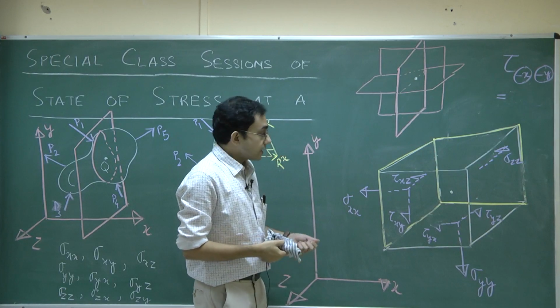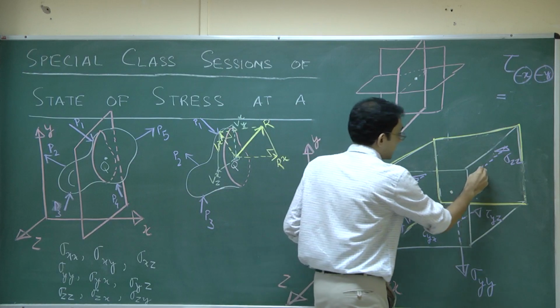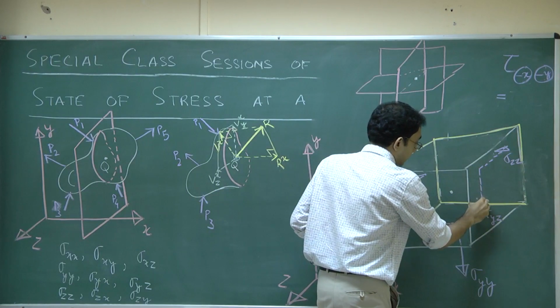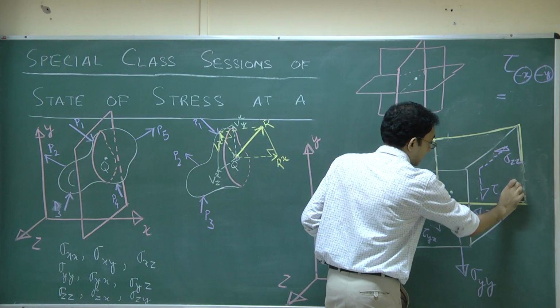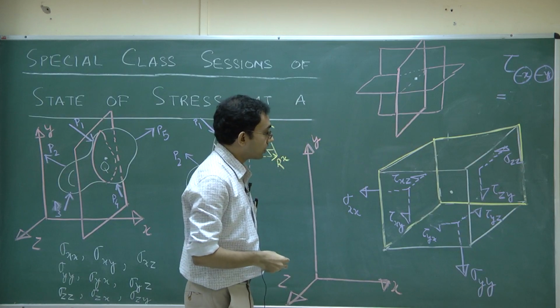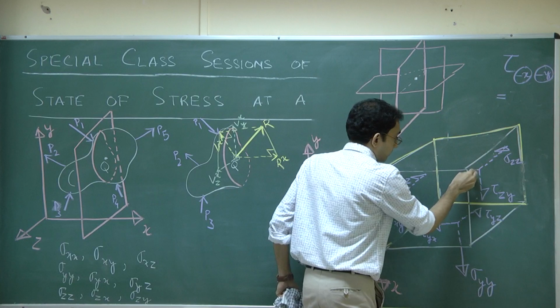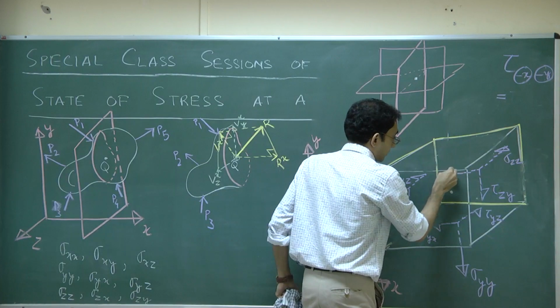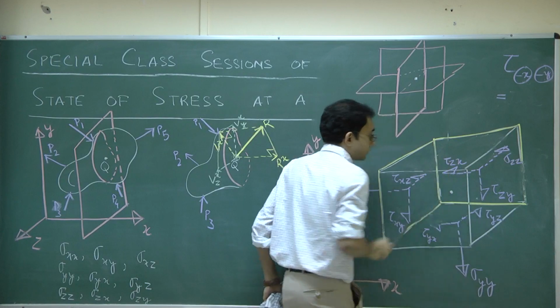The shear stress which is parallel to the y direction would be oriented along the negative y direction. So, this is what I have, tau zy, to maintain the positivity of the overall thing. And finally, this is my tau zx.